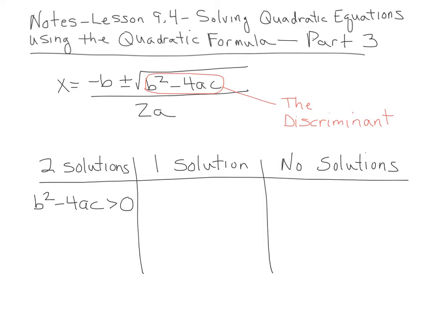That means it's going to be a parabola that will have 2 x-intercepts.